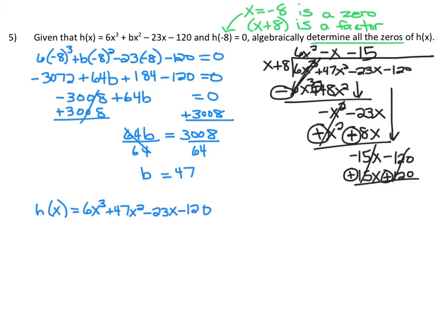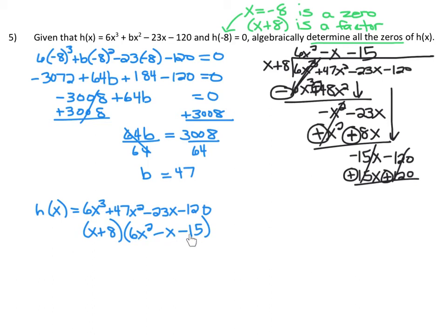What I'm going to do is underneath this, write it in factored form. I'm going to go back to blue. So we have x plus 8 times 6x squared minus x minus 15. That's what this factors to be.